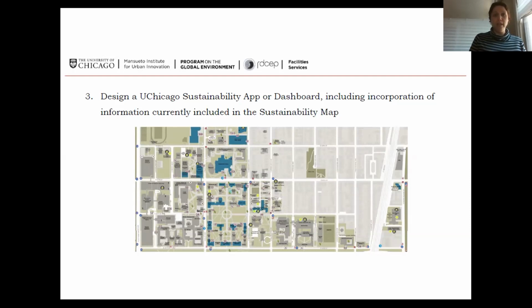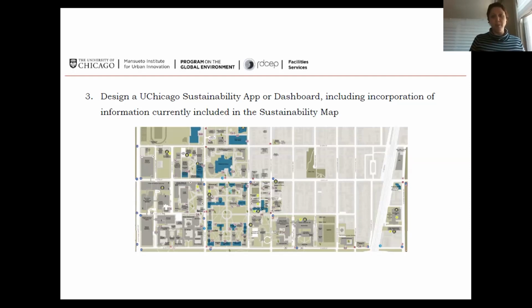And we would like this app to have modules so that we could start with information we have right now and then make it buildable so that we could build onto the app and include more and more information as we're able to. And one way to start this project would be to research existing apps that we have within the university and find out what you like about those apps and what you don't like.